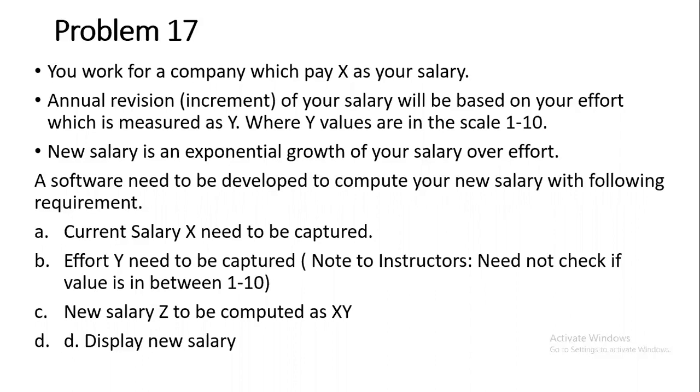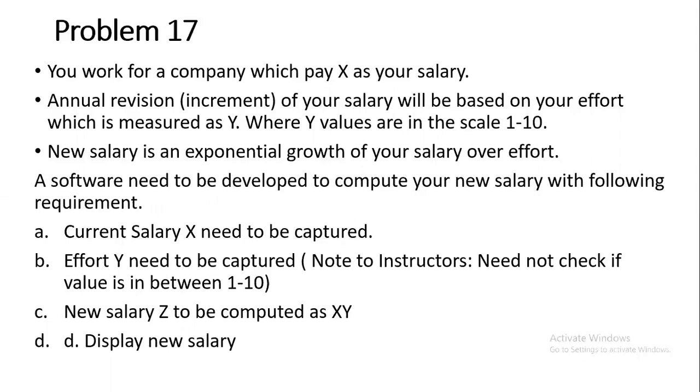So now Y is nothing but the effort that you have put in. This Y value varies in the scale 1 to 10. An employee might have put in an effort of, let's say, 3, and another employee might have put in an effort of, say, 5.